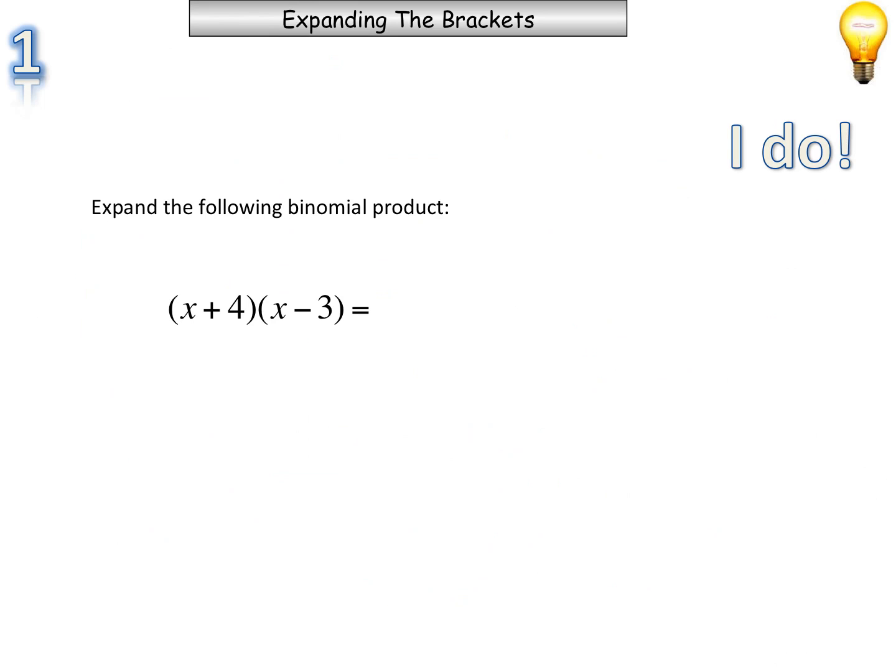Okay, without drawing rectangles, we'll illustrate how to expand the following binomial product just through algebraic means. So x multiplied by x minus 3, plus 4 lots of x minus 3.